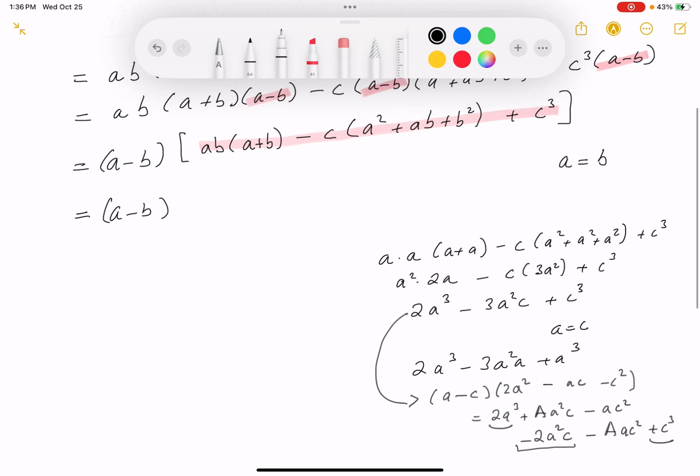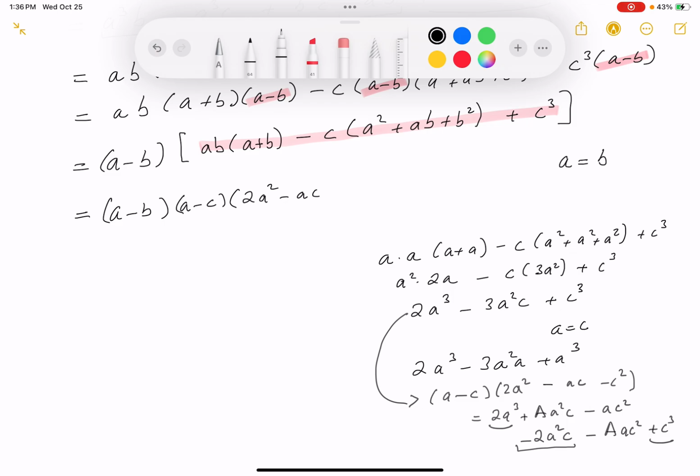And that's an interesting thing, to get that partially factored. I'm going to go back up, and I'm going to put that in there. Let's write that down. I've got A minus C, and then we've got this 2A squared minus AC.